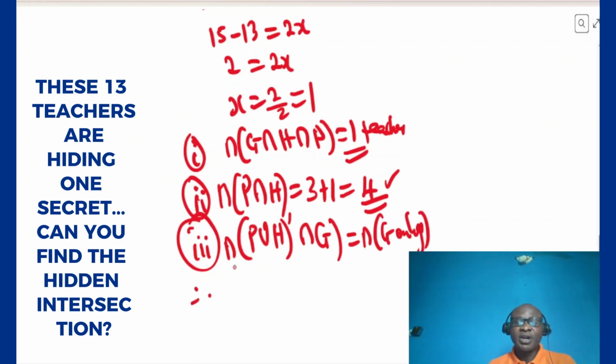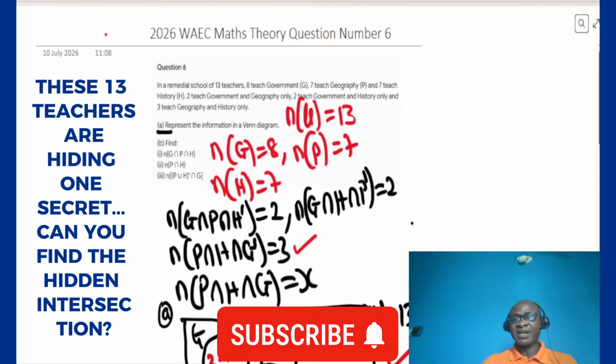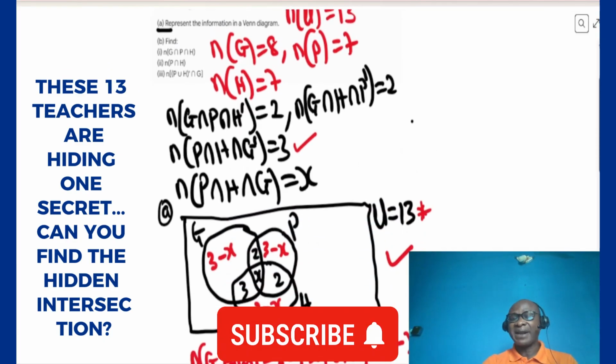Therefore, the number of those who teach geography, union, history, complement, intersection, government will now be the number of those who teach government only, okay? And that is now going to be government only. If you will go back to our Venn diagram, see government only, and see what we labeled there. That is 3 minus x.